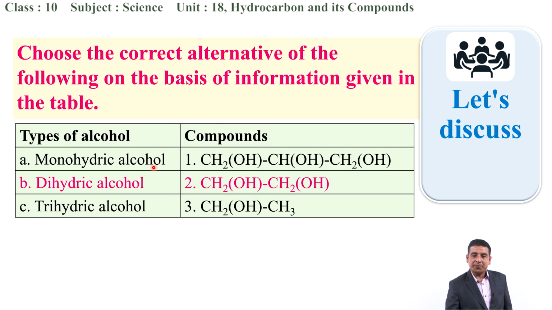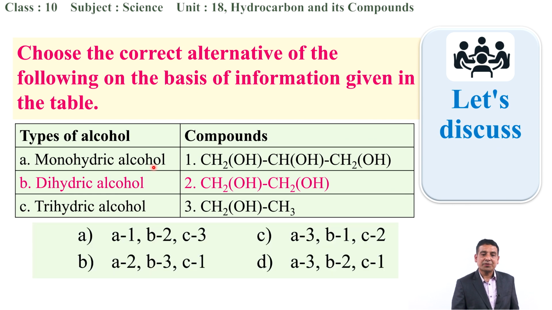Based on this information, there are 4 options. If A is related to 1, B to 2, C to 3, that means is this monohydric alcohol? If A1 is incorrect, then you need not see the other options.